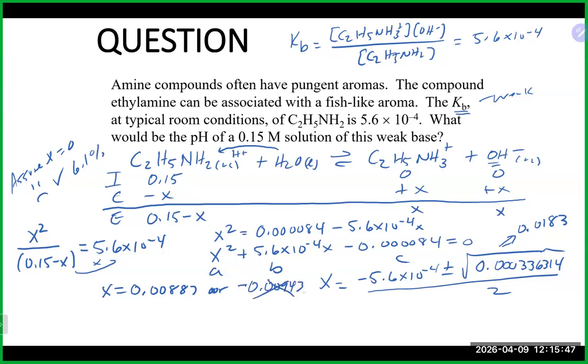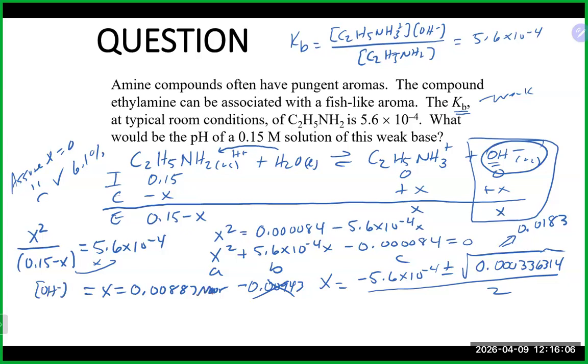Once again, negative is not good because here we are looking for what x is equal to. That means that in this case, our x, which equals, a reminder, not the H plus concentration, but the OH minus concentration, will be this guy here.